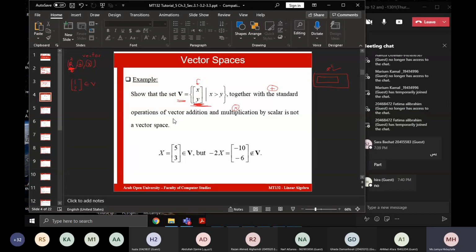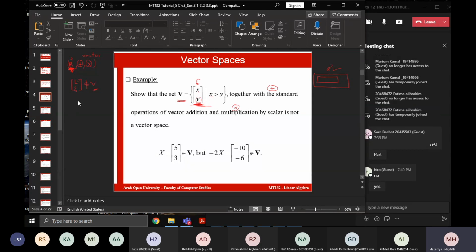No. Why no? Because there is a condition here. The first element x in that set should always be greater than y. But here x is 1 and y is 2. So this element does not belong to the vector space V. It is in R2, but not in V. Clear? Okay. Now, what about the vector 2, 2?